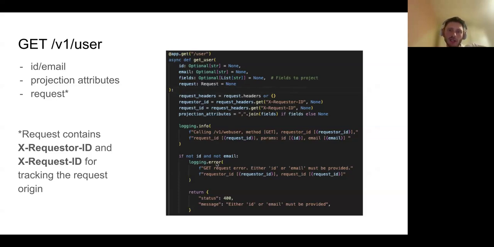We're checking if there is an ID or email provided. Basically, a very logical thing. If neither of these is provided, you don't look for the user. Maybe you could have a route that does a conditional search.